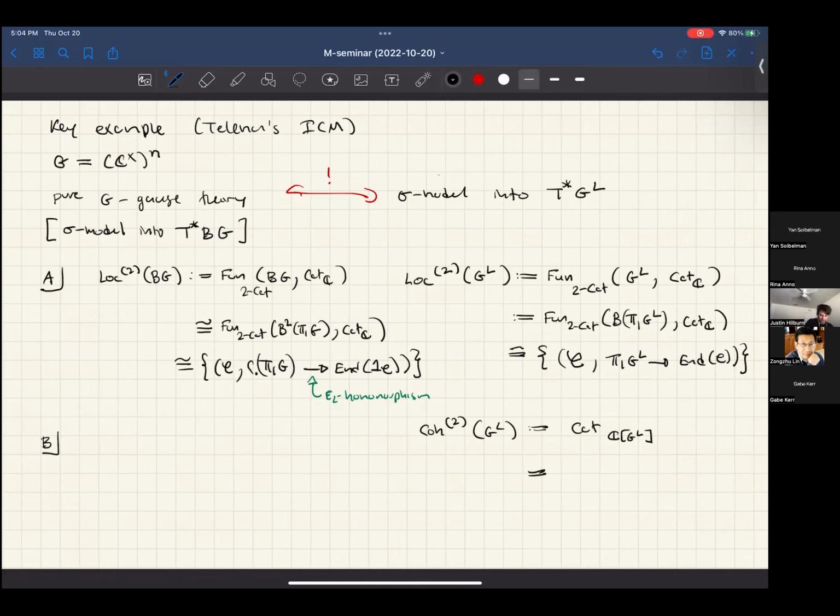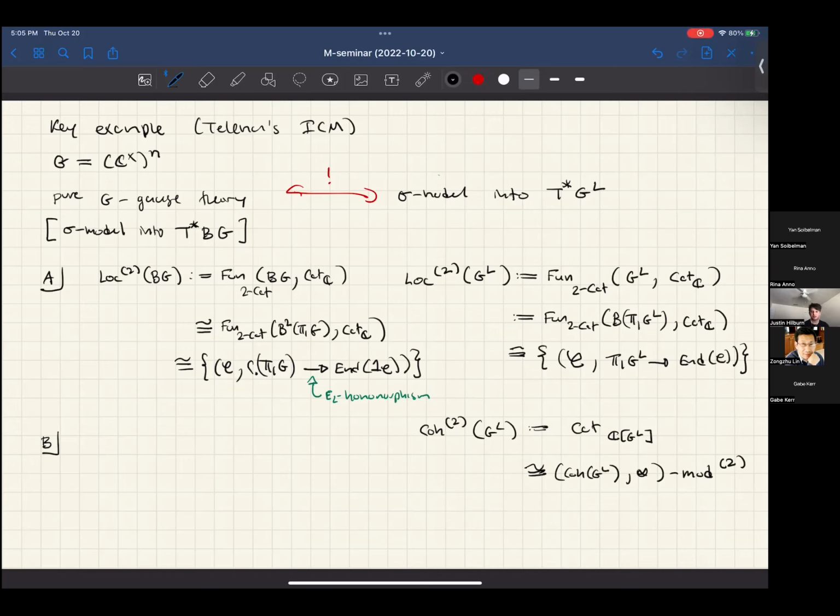Although there's a better definition which works in more generality, which you can show is exactly the same, which is that this is actually categories that have an action of coherent sheaves on this torus thought of as a tensor category. This is categories with a tensor action, or module categories for this tensor category.